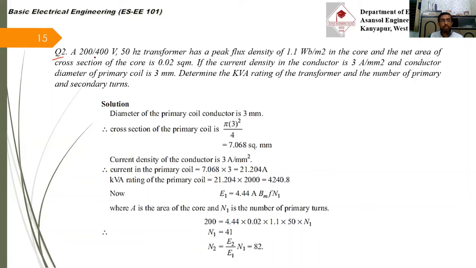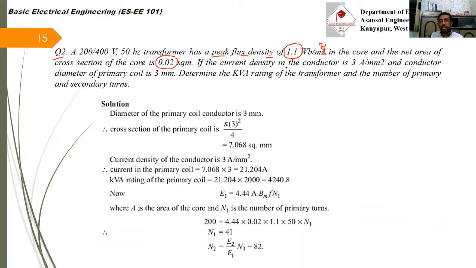Now, question number 2. A 200 by 400 volt 50 hertz transformer has a peak flux density of 1.1 Weber per meter square in the core, and the net area of cross section of the core is 0.02 square meter.